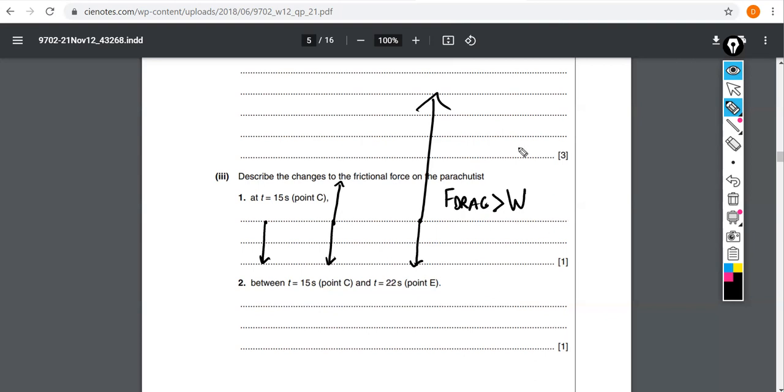So your statement here should be something about this. The frictional force, the drag force, is greater than weight at t equals 15. You don't have to say anything about a parachute probably, but you could, and that would make sense. You can infer that that's the point when the parachute was deployed. I don't know if there's any other way to explain that. Well, there might be actually, but let's just stick with the parachute.